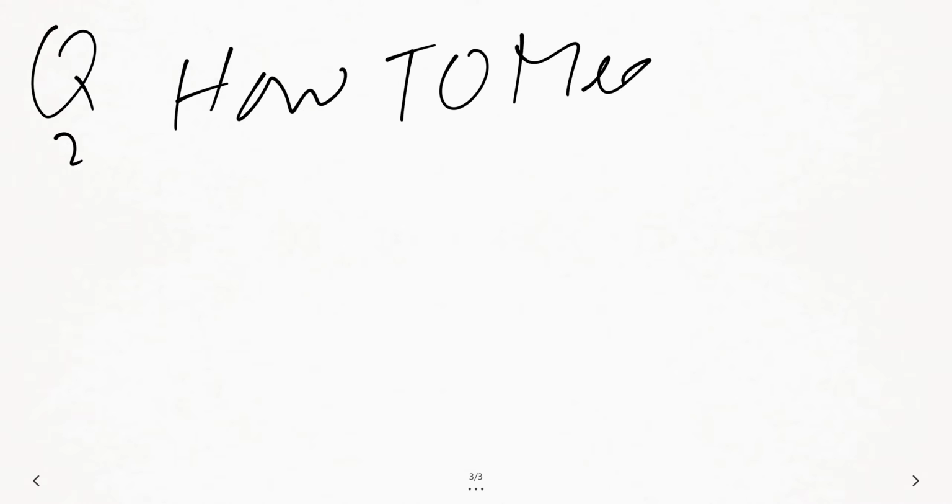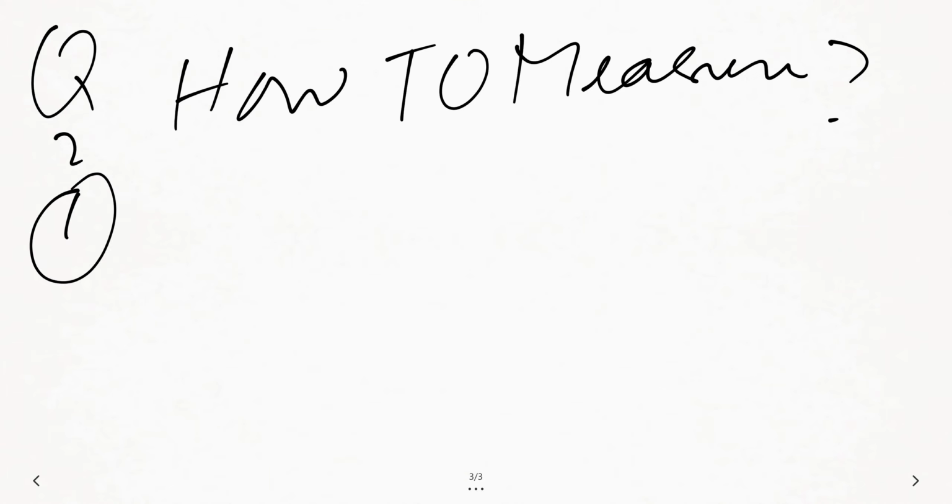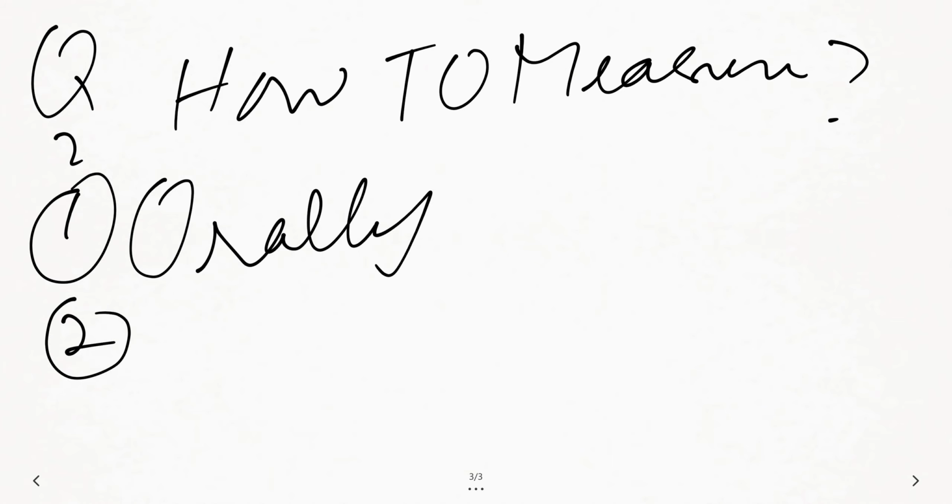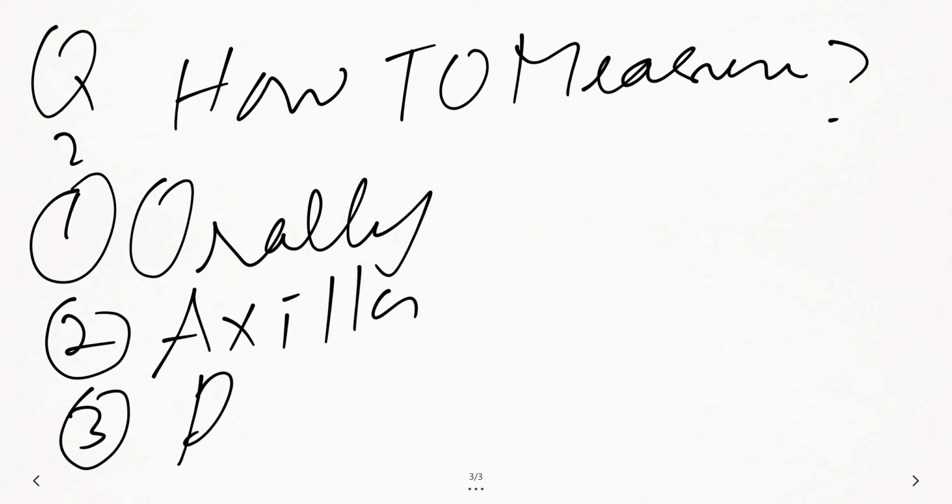The next question, they are going to ask you, how can you measure the core temperature? So number one, orally, this is known to you. Number two, you can check it from the axilla. Number three, rectum.